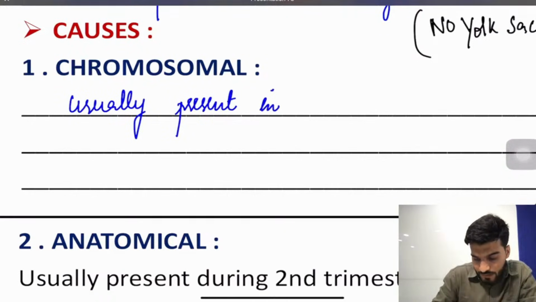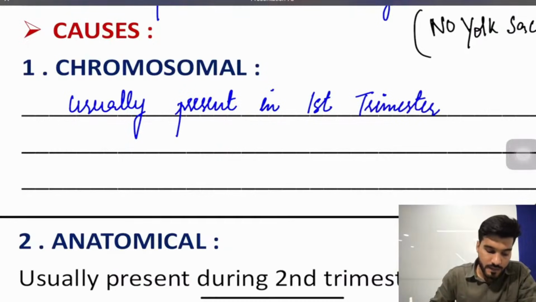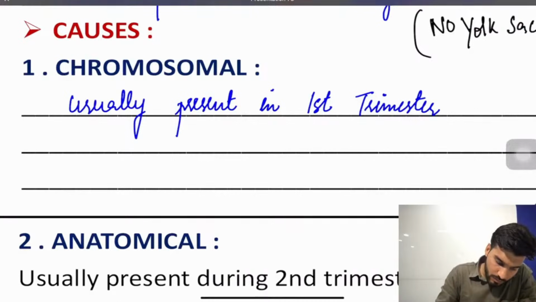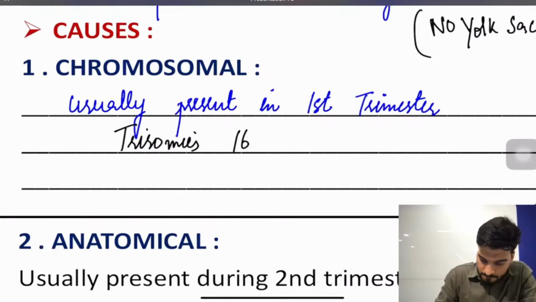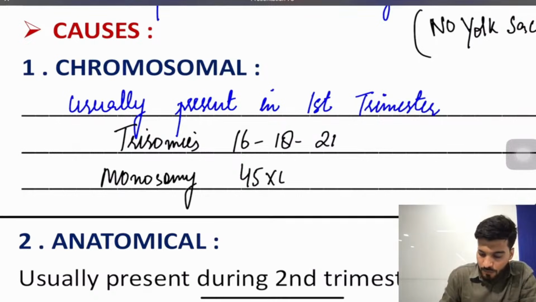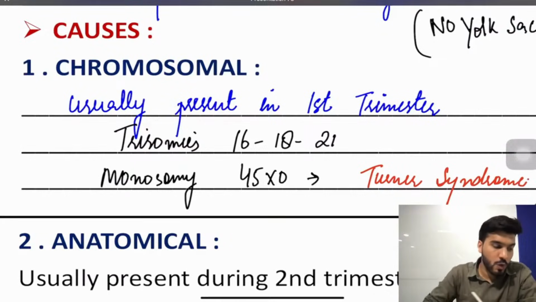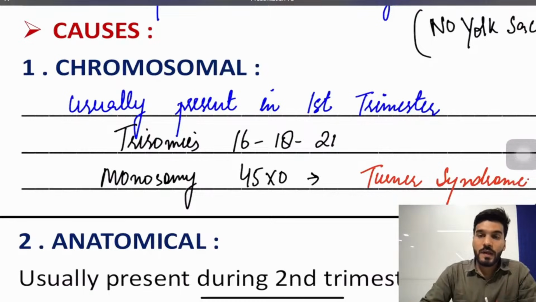Like we have trisomy 16, 18, and 21, or we have monosomy 45XO, which is called Turner syndrome. What will you call it, children? Turner syndrome.